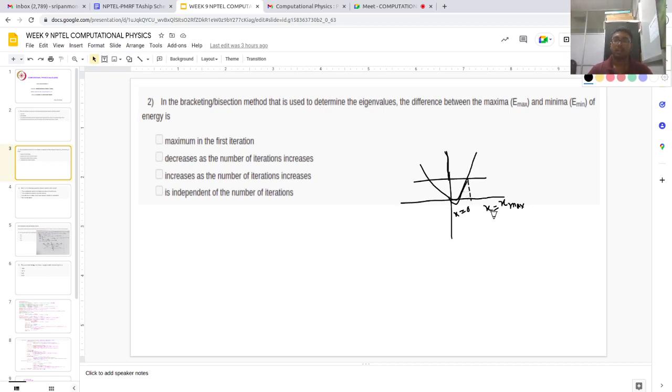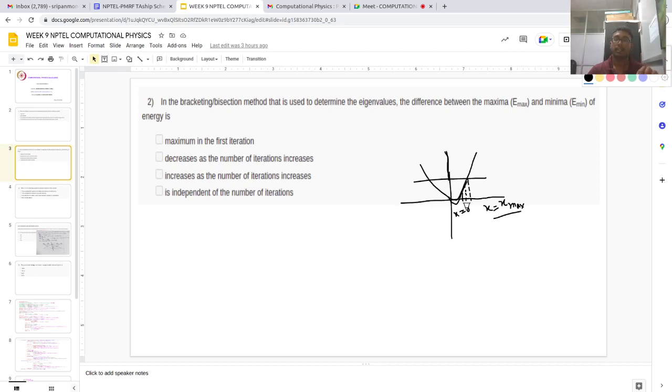Let's say initially we are taking x equals x max here, and if the number of nodes is higher than the expected nodes, then we will diminish the level to a certain extent. And if the number of nodes is lower than the expected nodes, then we diminish the level from the lower energy.